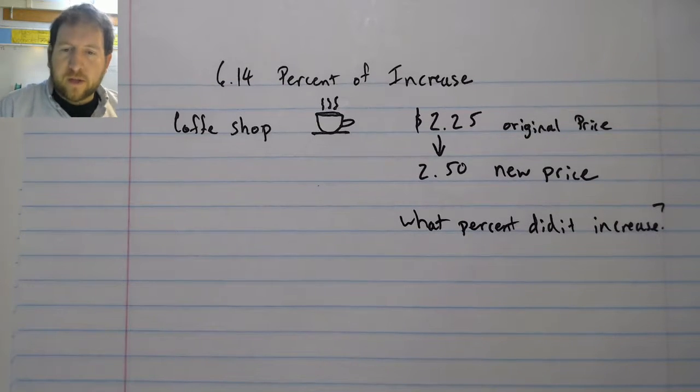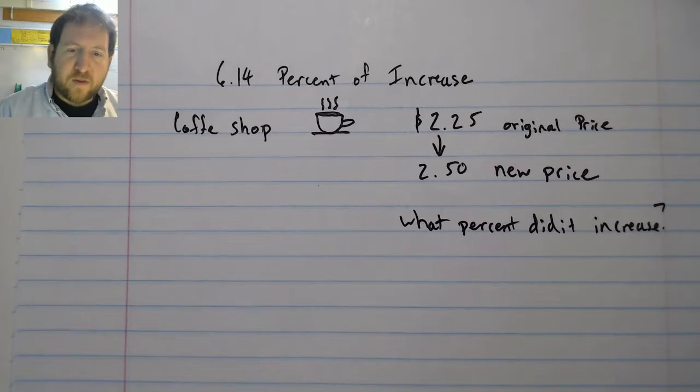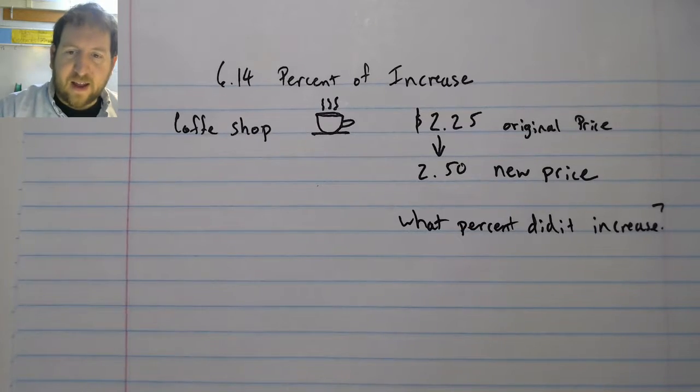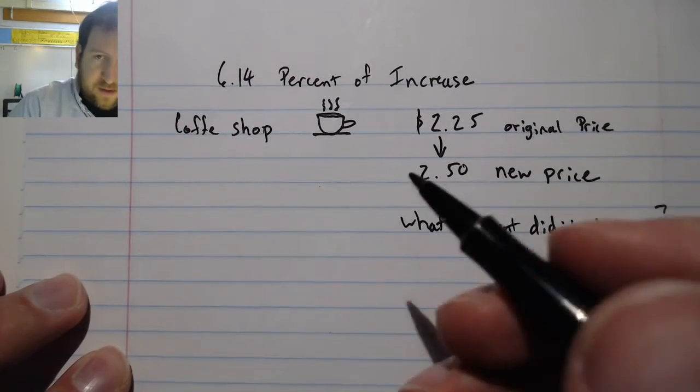And we are going to use a little formula that we have for this. There's a lot of cute little formulas that we use when we're talking about percents. And in this case, we're going to be looking for the percent increase. It's really easy for us to figure this out because our little formula looks like this.